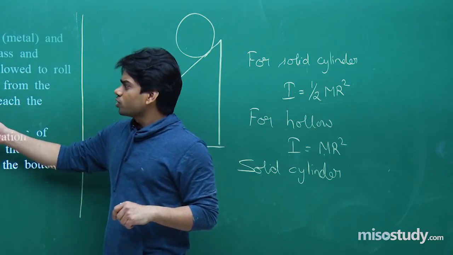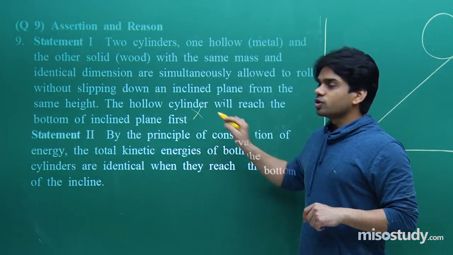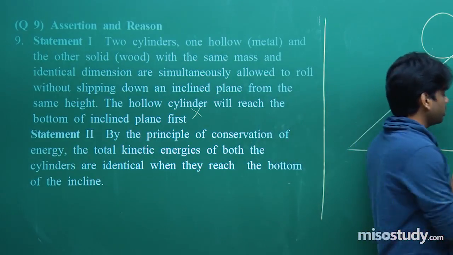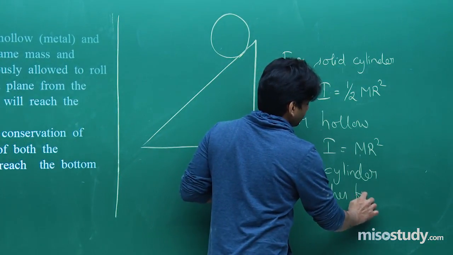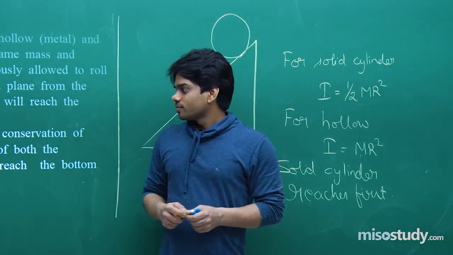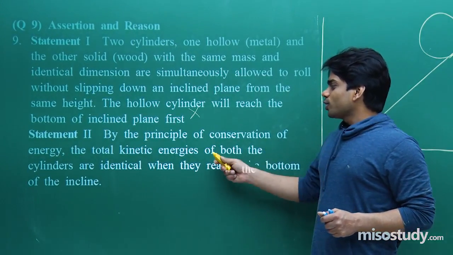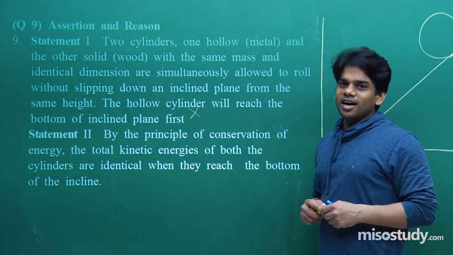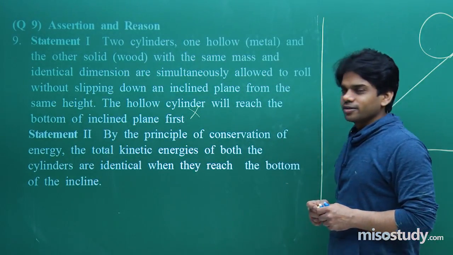It says that the hollow cylinder will reach the bottom of the inclined plane first. No, this is incorrect. The solid cylinder reaches first as it has more linear acceleration. Statement 2: by the principle of conservation of energy, the total kinetic energies of both the cylinders are identical when they reach the bottom of the incline.